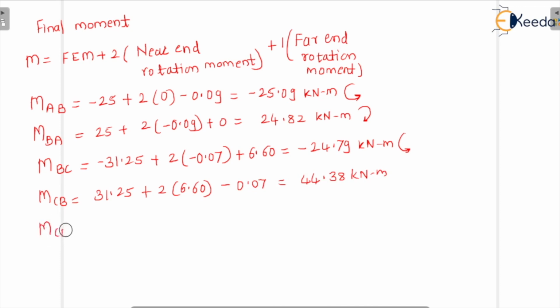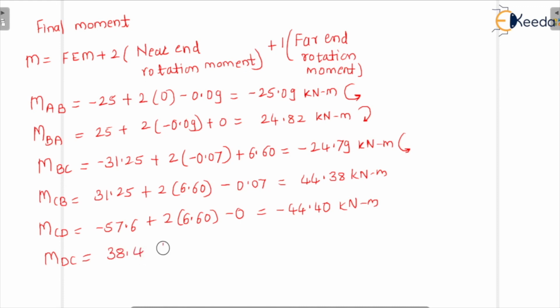M of CD is minus 57.6 plus 2 into 6.60 minus 0, which is minus 44.40 kilonewton meter. And M of DC is again the fixed end moment, 38.4, then 2 into 0 plus 6.60, 45 kilonewton meter. Okay students, these are the final values.